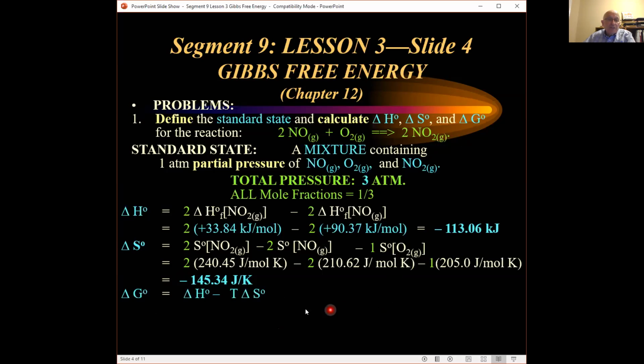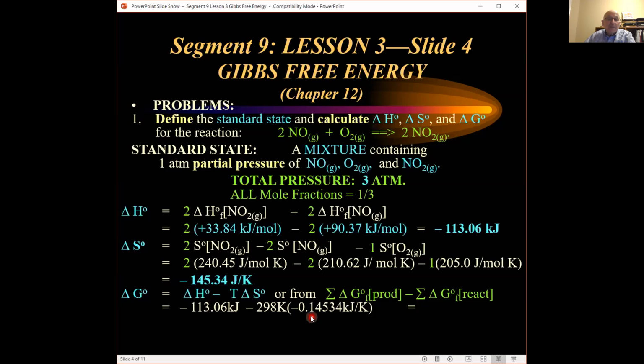And now delta G is delta H minus T delta S. So we can plug in either the values we've just calculated, or we can get the delta G from the free energy of formation of products minus reactants from the table, just like we did delta H and delta S. Most tables have all 3 in them. So if I use the method by taking these 2 values we just calculated, be careful.